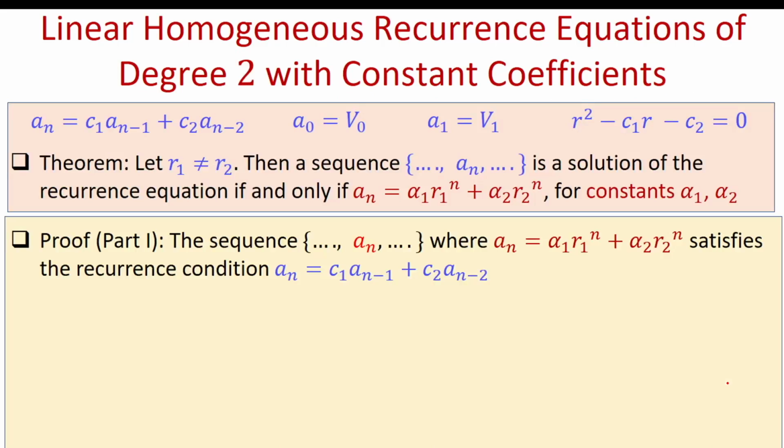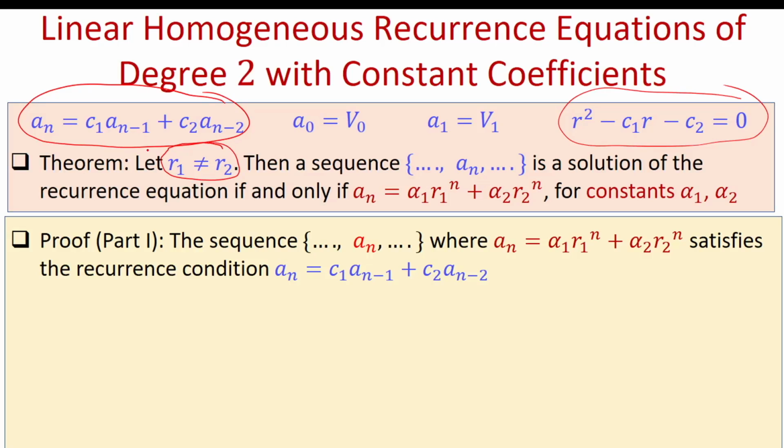So what are the things which are given to you? Your goal is to find an arbitrary sequence whose nth term satisfies this recurrence condition. You have found the characteristic equation. You solved the characteristic equation and the roots are distinct.